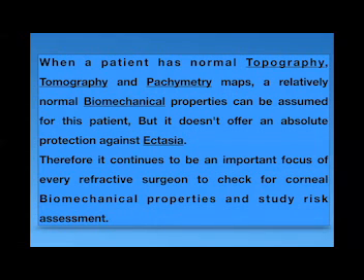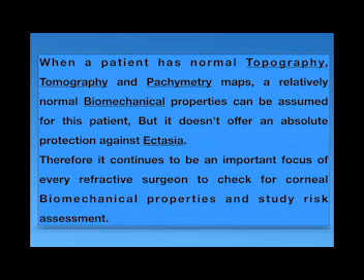But it's still important for every refractive surgeon to focus on and check the corneal biomechanical properties, to complete his own tools for studying the risk assessment for that patient. A patient may have a normal topography or normal Pentacam in general, but may have abnormal corneal hysteresis.